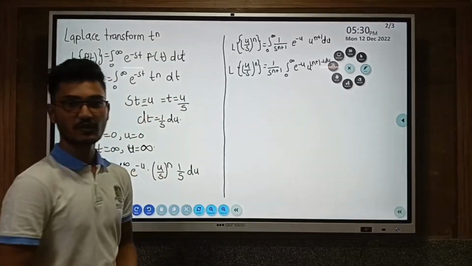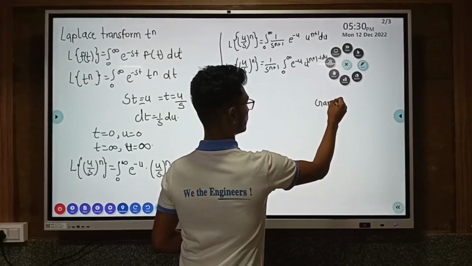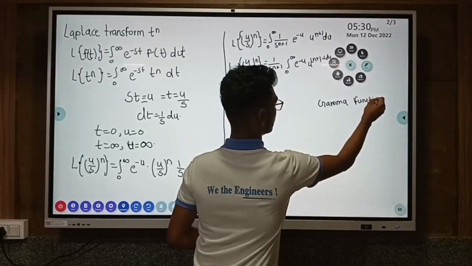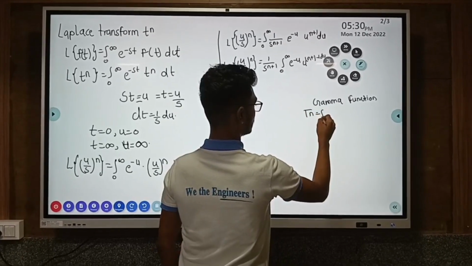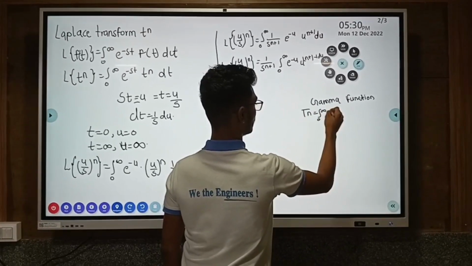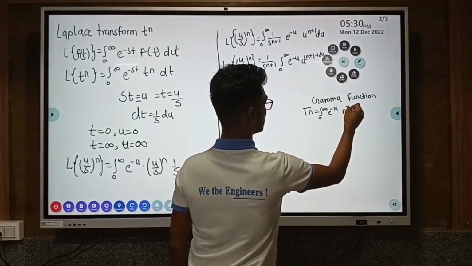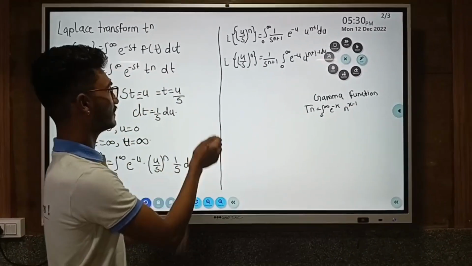So as we know the formula of the gamma function, we will see what the gamma function formula is. Gamma of n is equal to the integral from 0 to infinity of e raised to minus x into x raised to n minus 1 dx. So we will apply this formula in this term.